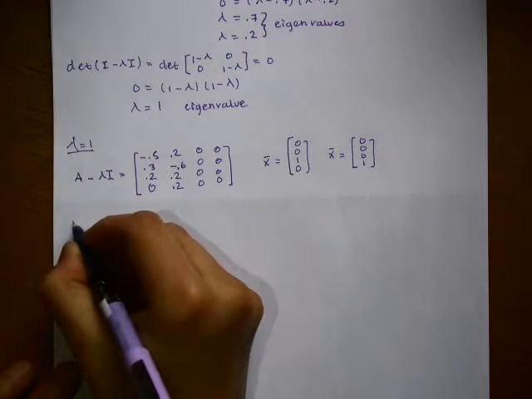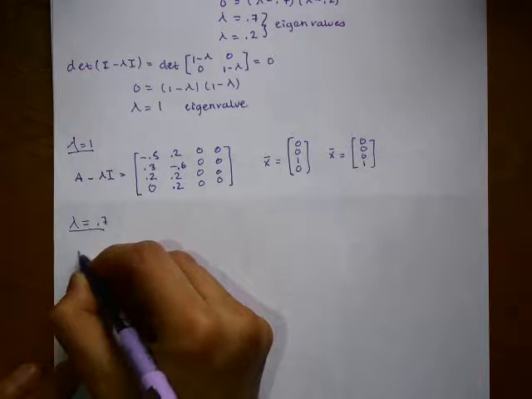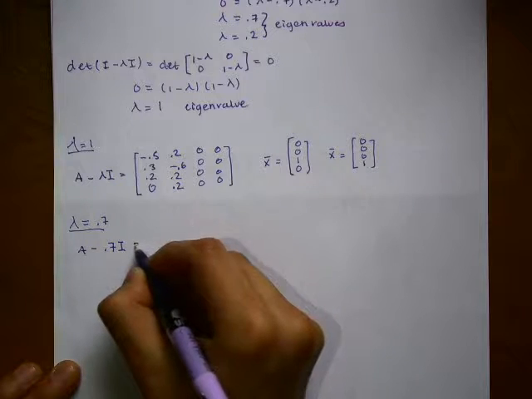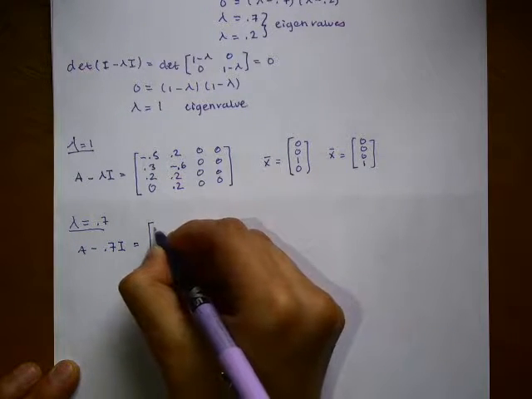Now we're going to do the same thing with our eigenvalue of 0.7. We're going to subtract 0.7 from the diagonal of A, and this is what we get.